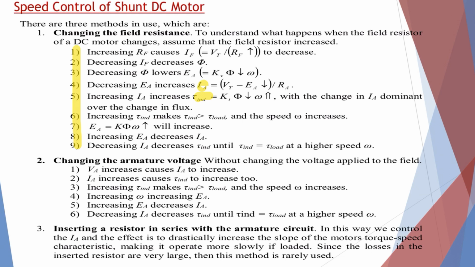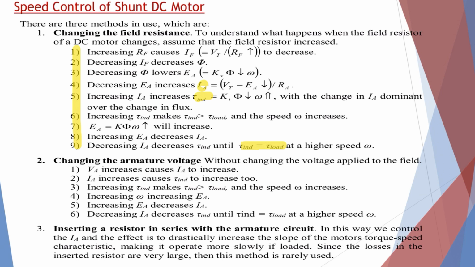EA increases, then IA decreases, decreasing the induced torque until the induced torque equals the load torque at a higher speed omega.